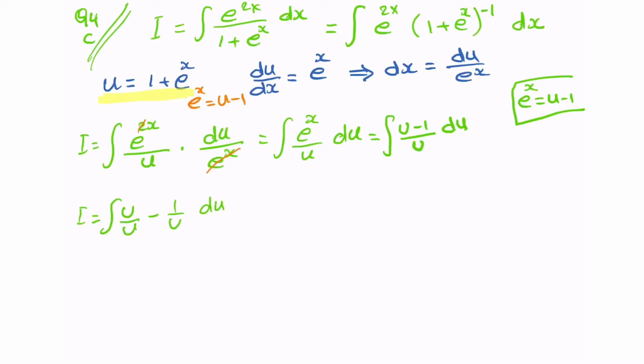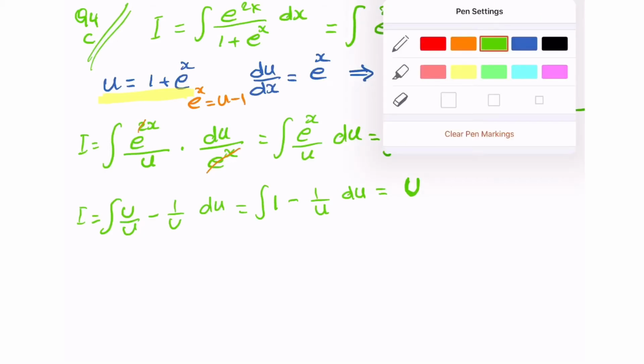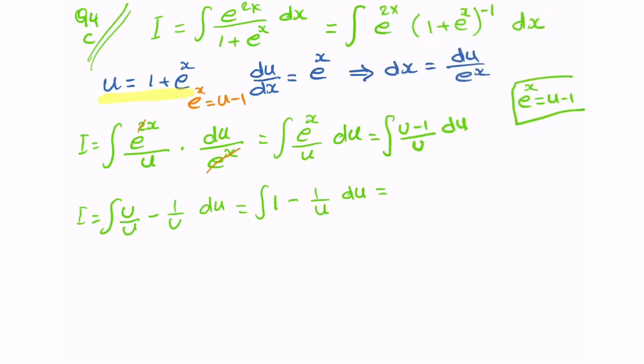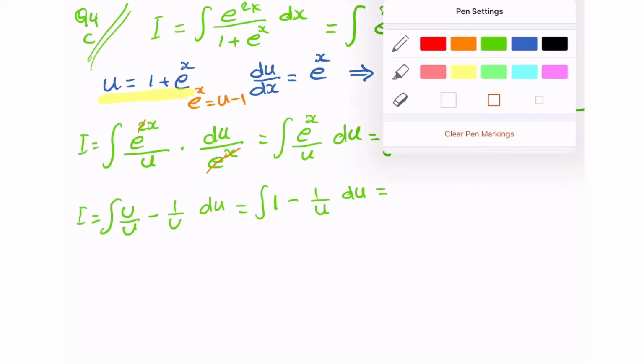Basically that means 1 minus 1 over u du, and what's the integration of 1? It is u. When I do the integration, I don't need to put the integration sign anymore.